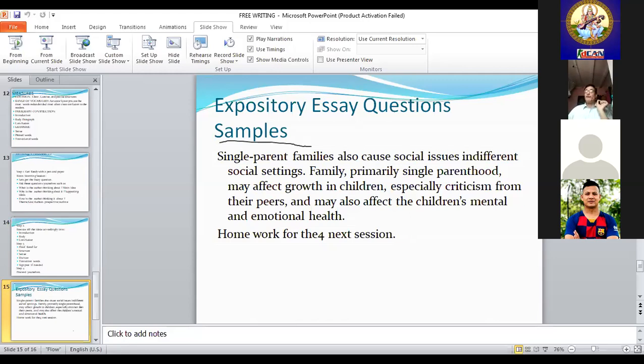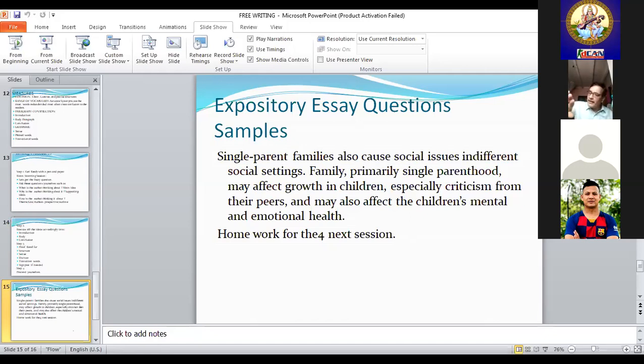So what does that talk about? Single parent families. Did you understand? I'm also trying to understand. Families with the concept of single parents, nuclear families, also cause social issues in different social settings.